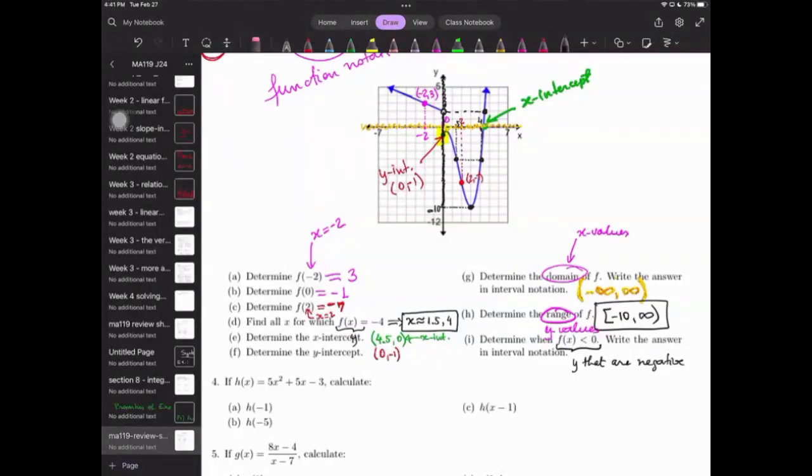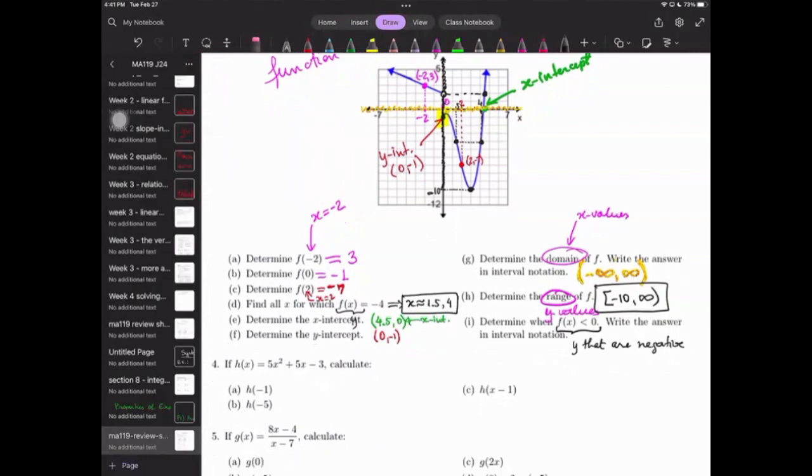The answers are on the back, but I want you to think about that. I did a very similar example in class with when y's are positive, when y's are negative, and then you give the x values when that happened in interval notation. Don't forget to write the interval notation.